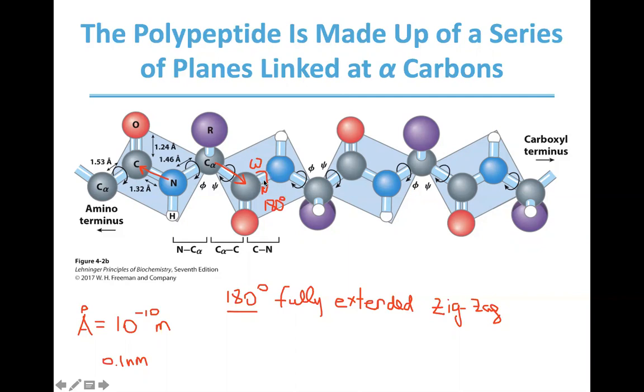We will look at the specific case when it's not like that. Phi and psi are 180 if the chain is fully extended, in other words trans. Phi is the angle between the nitrogen and the alpha carbon, and psi is the angle between the carbonyl and the alpha carbon.